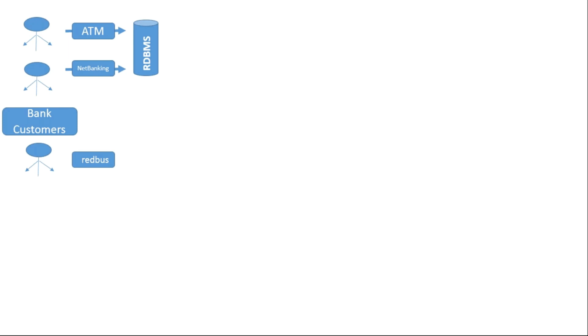These private travel agencies are registered with this bus application so that you book and do your journey. Whether you book a ticket, cancel it, or change your date of journey, all these transactions are again going to be stored in a database, that is nothing but an RDBMS.